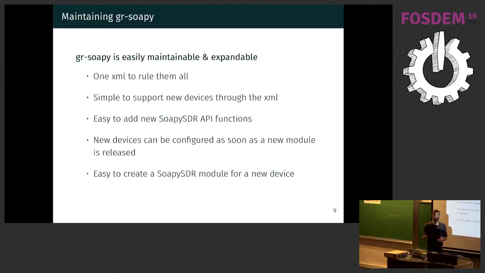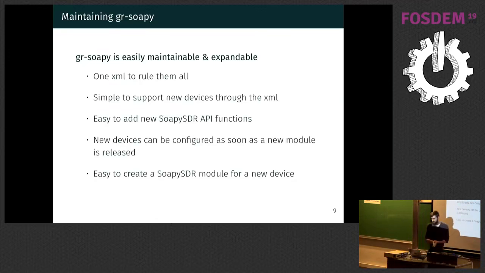So if you open the XML files, you could understand very easily what you have to add to support a new device, for example. Also, as the main block in the C++ implementation is a wrapper for the Soapy API, it's also pretty simple to add new function calls from the SoapySDR API.